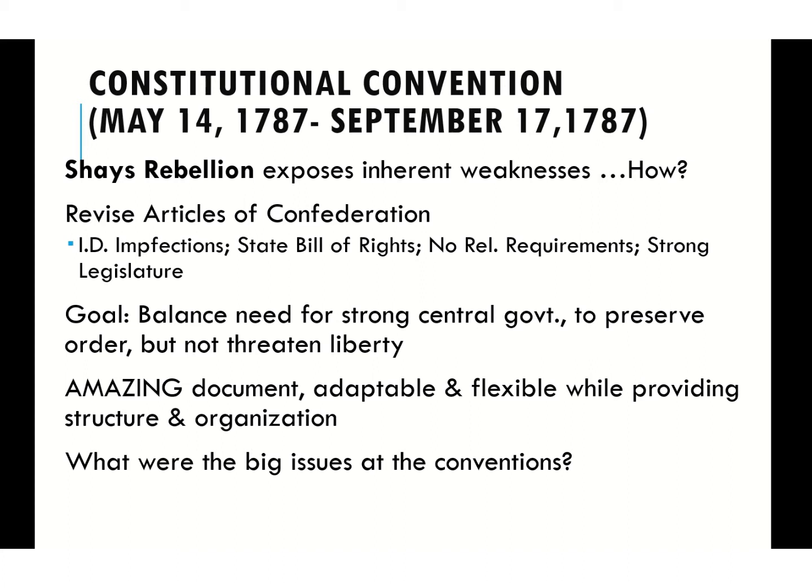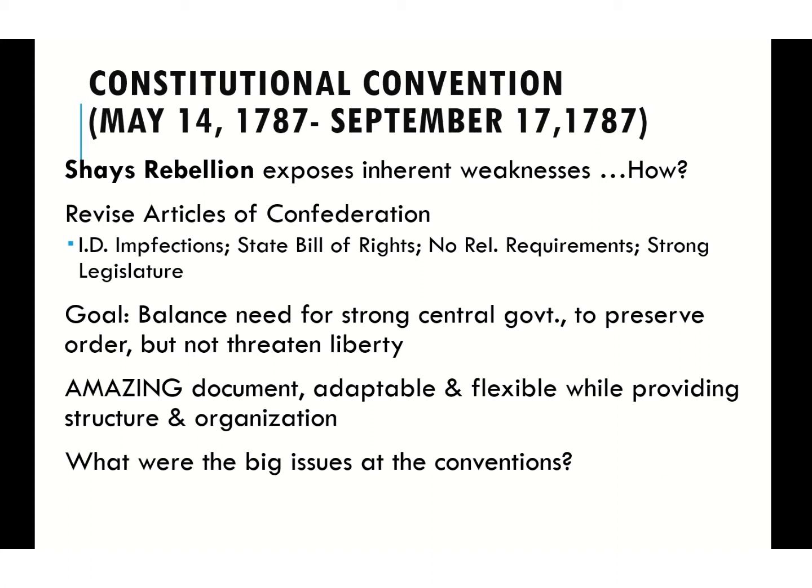The goal, when they were going to revise the articles, of course, was to balance the strong national government need, but also not threaten the liberty of individuals. So how do you create order yet not create tyranny? The Constitution, an amazing document, very adaptable, flexible, provides structure and organization, but it doesn't create so much structure that it becomes a tyrannical system.